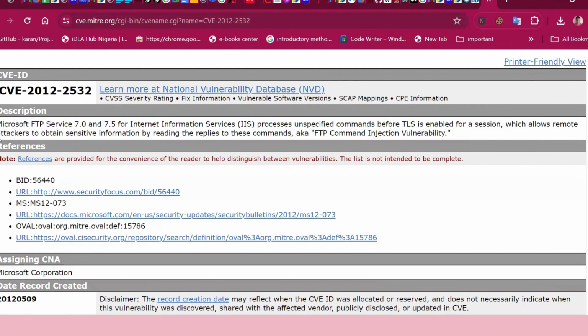The description says that the Microsoft FTP service, that's the File Transfer Protocol service, 7.0 and 7.5 for the Internet Information Services, that's the meaning of IIS, processes unspecified commands before TLS, that's Transport Layer Security, is enabled for a session, which allows remote attackers to obtain sensitive information by reading the replies to these commands, also known as FTP command injection vulnerability.